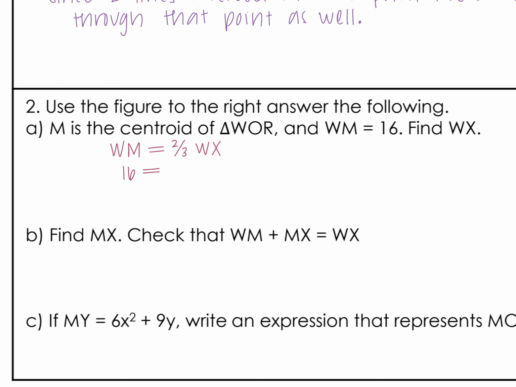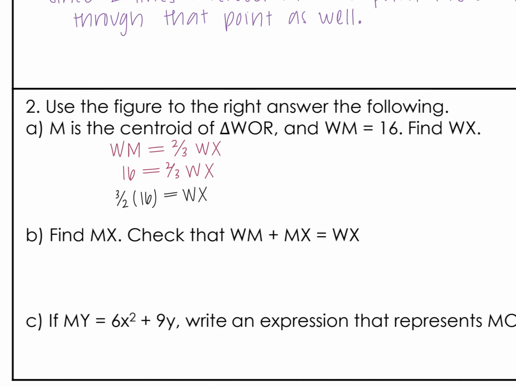So that 16 is going to be equal to 2/3 of the entire line, which I still don't know, so I'm going to leave as WX. And what I can do is multiply by my reciprocal. Okay, so I'm going to multiply both sides by that 3/2. And that's going to be equal to my WX.